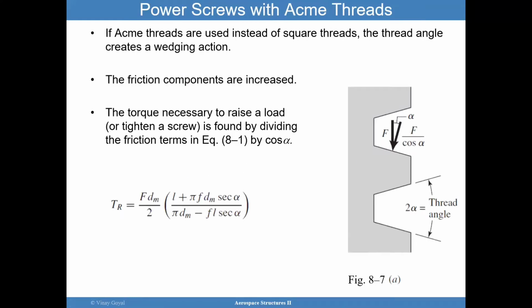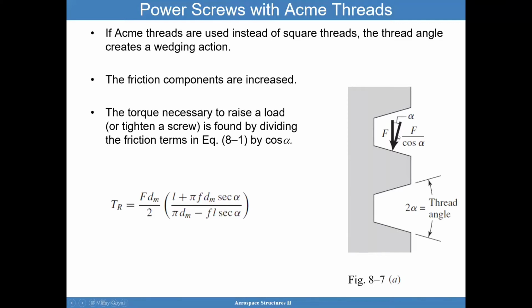Power screws with Acme threads follow a very similar derivation, but the formula is a little different because of the geometry. The angle between the Acme incline thread is 2 alpha, and half of that is alpha, so the incline is at an angle alpha.